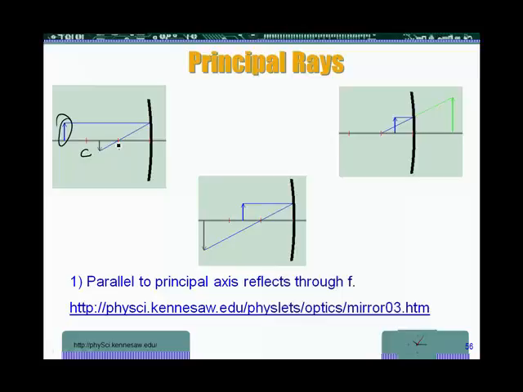Now, in this case, I placed an object further away than the center. Here, we placed it between the center and the focus. Here, we place it closer to the focus. And in each one of these cases, we drew a light beam going from the tip of the object all the way to the mirror.